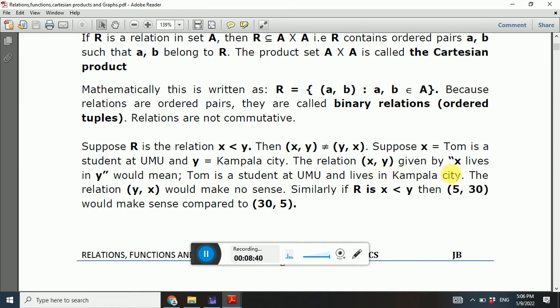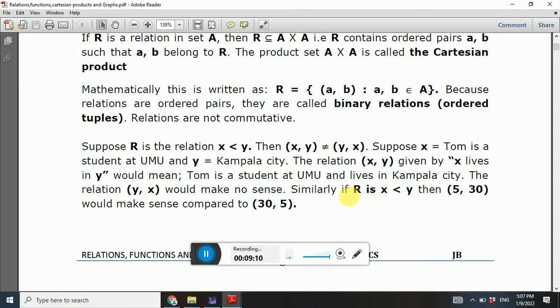If a person then interchanges these to begin with Y and then end with X, which relation can you form from there? Y represents Kampala, then X represents Tom is a student at Nkozi. So it becomes hard for you to think of a possible relationship between these two.